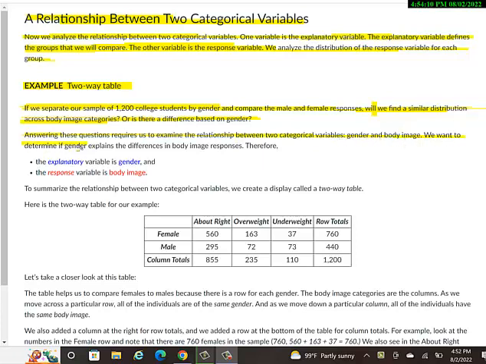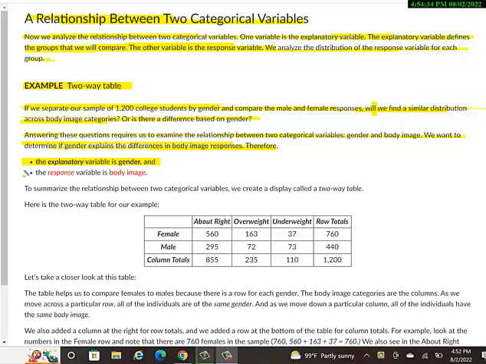We want to determine if gender explains the differences in body image responses. Therefore, the explanatory variable is the gender. So we're imagining there's two variables here: the gender, whether someone's male or female or other, and then the other categorical variable is body image, the response. Did they say they think they're overweight or underweight or just right?